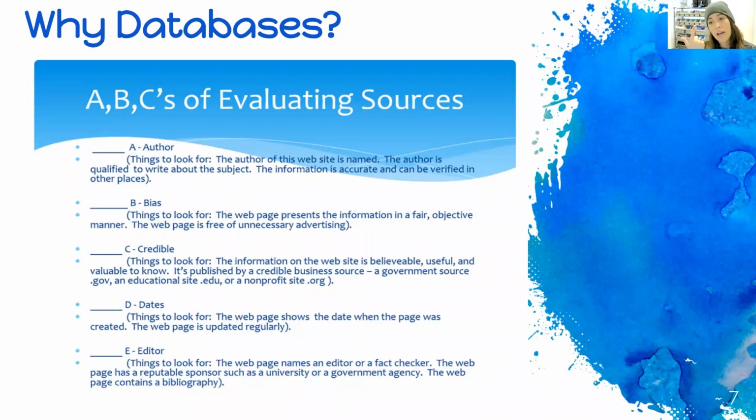Is the information unopinionated or unbiased? Is it coming from a credible web domain? Domain means what the website ends in, and some endings are more credible than others. Like when you see websites that end in .edu, that stands for an educational institution, and those are usually pretty good, right? Is there a date that the content was published, and was it even looked at by an editor?